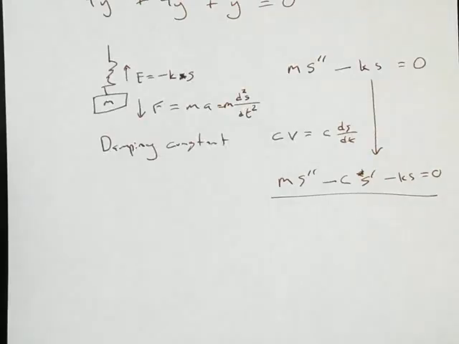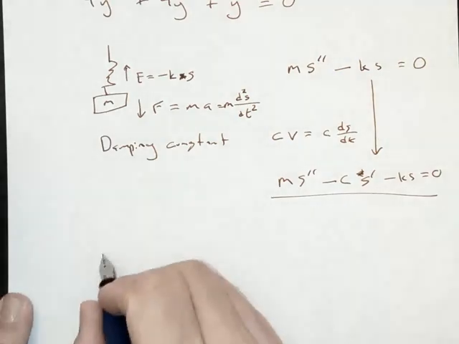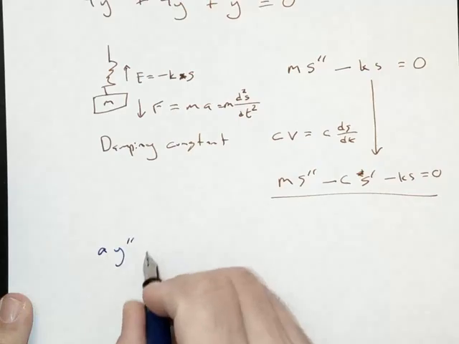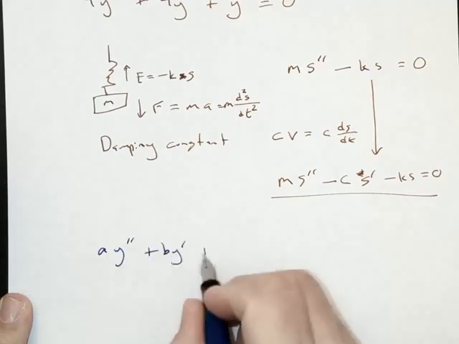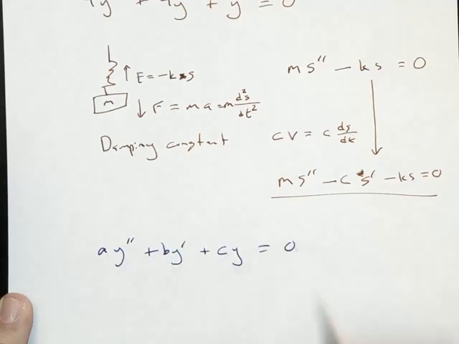So let me think about what would happen in a second order linear homogeneous differential equation with constant coefficients. I have A, B, and C as numbers: A y double prime plus B y prime plus C y equals 0.